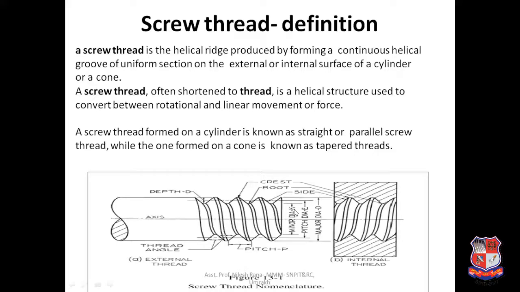This is the nominal diameter, this is the pitch diameter, and this is the measure diameter. You can see here the value of pitch. The pitch means the distance between two consecutive threads, and this is called the thread angle. So this figure is for external thread and this figure is for internal thread.